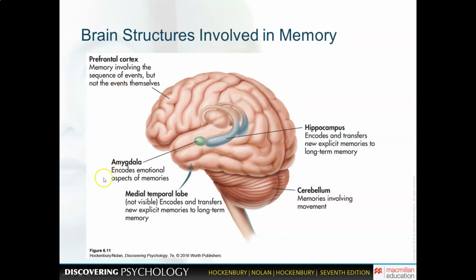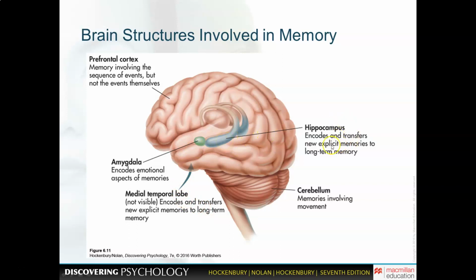Okay, the amygdala right here, that is involved in the emotional aspects of memories. The medial temporal lobe, which is underneath here, the lower lobe here, encodes and transfers new explicit memories to long-term memory. Then we have our hippocampus.